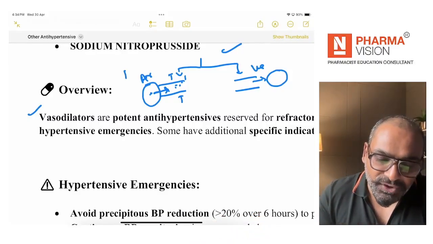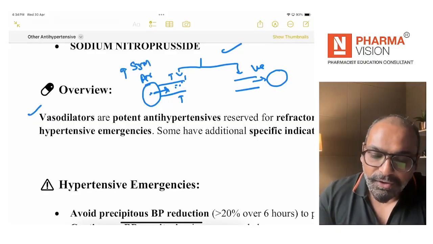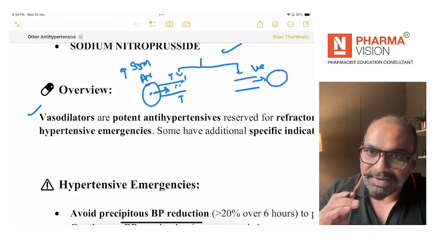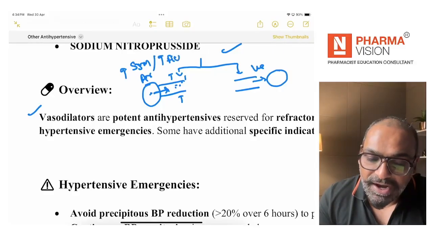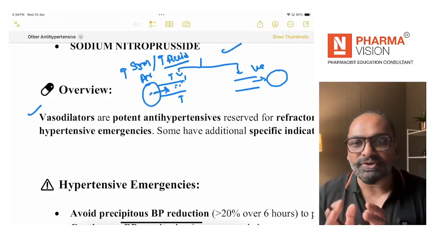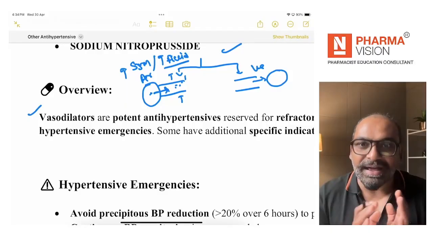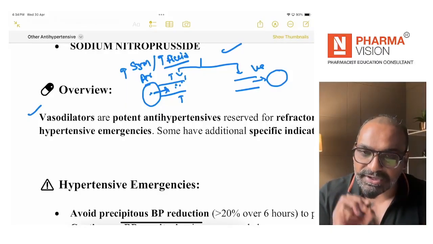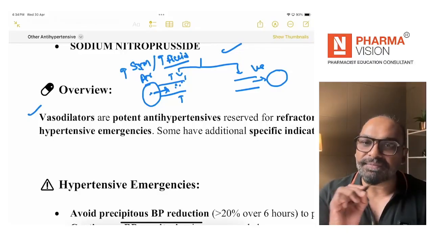Due to that reflex, the sympathetic tone increases, and the significant blood pressure reduction can also increase fluid retention. So these are the two important physiological changes that happen with artery dilation: increased sympathetic tone and increased fluid retention.